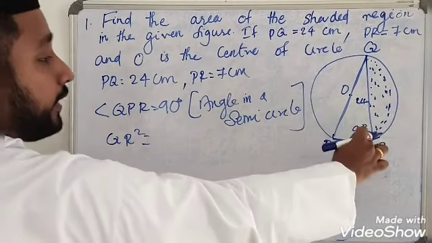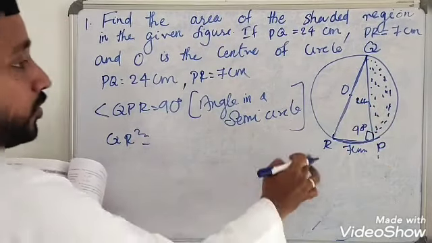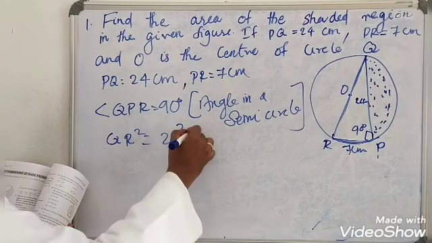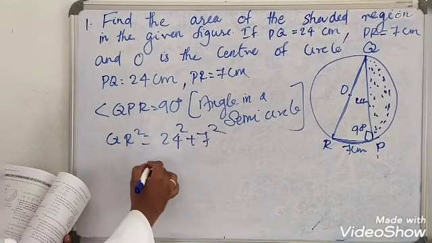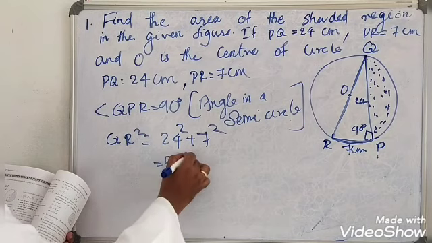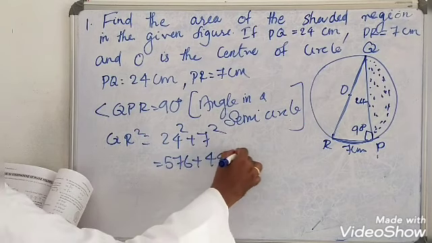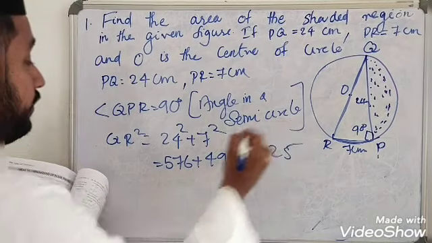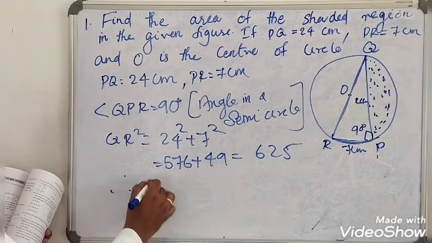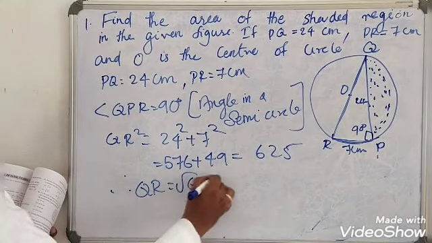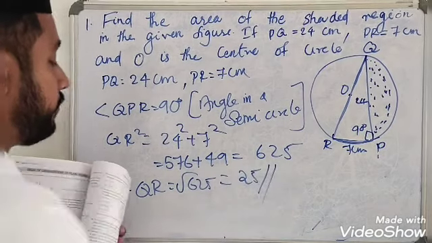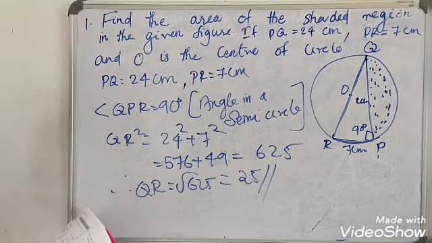This is the 90 degree, so this is the hypotenuse. So 24 square plus 7 square, which is equal to 576 plus 49, that is 625. Therefore QR is equal to root of 625, which is equal to 25. QR is equal to 25 centimeter.